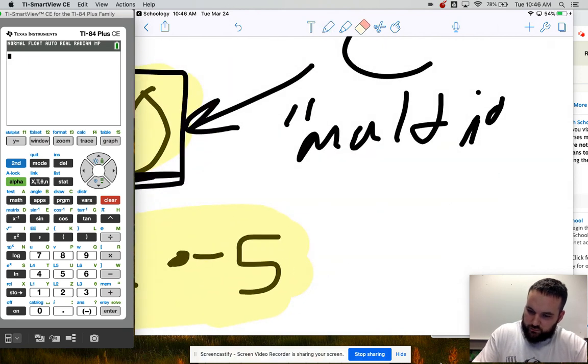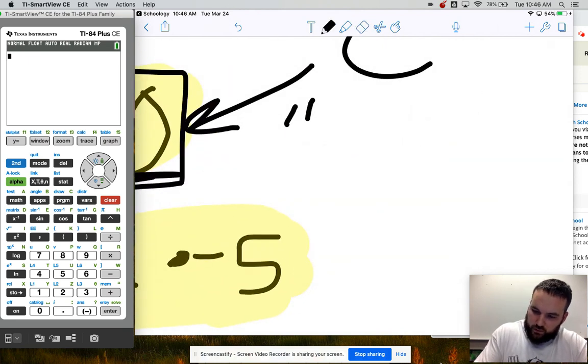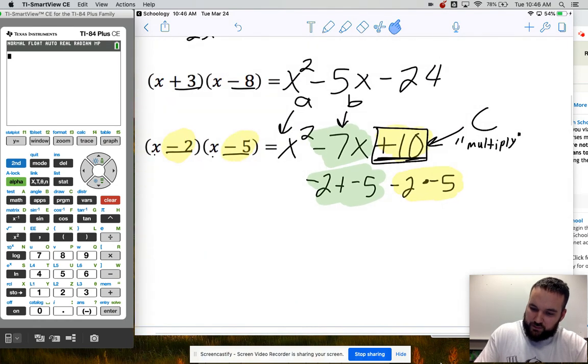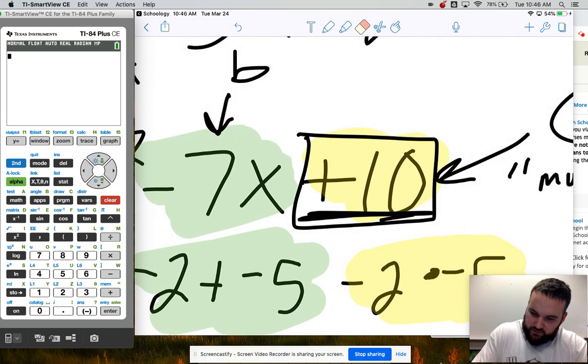And then the B value, that minus 7, came from adding them together, adding the numbers in the parentheses.